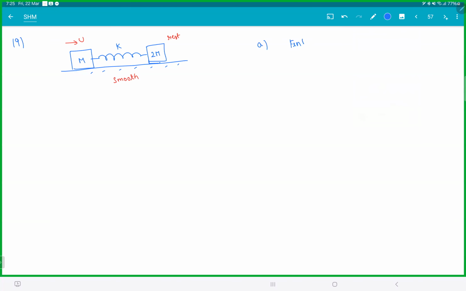Find time period. Oscillation energy. Find amplitude of each block. Find maximum and the minimum speed of the blocks.